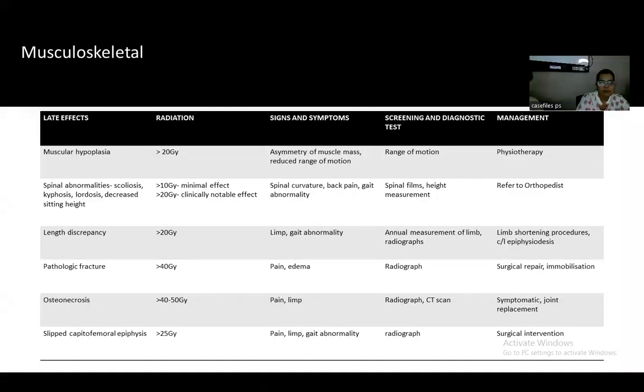For pathological fracture, we usually check it on radiograph, and accordingly we have to do surgical repair and immobilization of the patient. Osteonecrosis can be seen on radiograph and CT scan, and accordingly we give symptomatic treatment and joint replacement. Slipped capital femoral epiphysis can again be checked on radiograph, and we need to get the surgical management done for these patients.